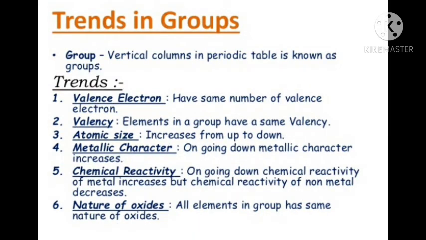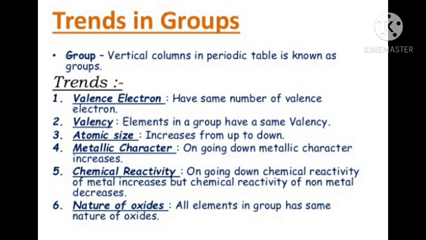Trends in groups. Groups are the vertical columns in the periodic table. Trends. Valence electrons: elements in a group have the same number of valence electrons. Valency: elements in a group have the same valency. Atomic size increases from up to down, that is top to bottom.